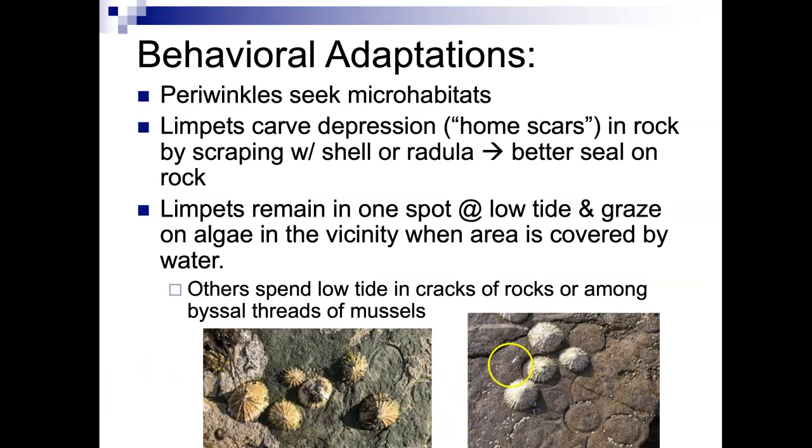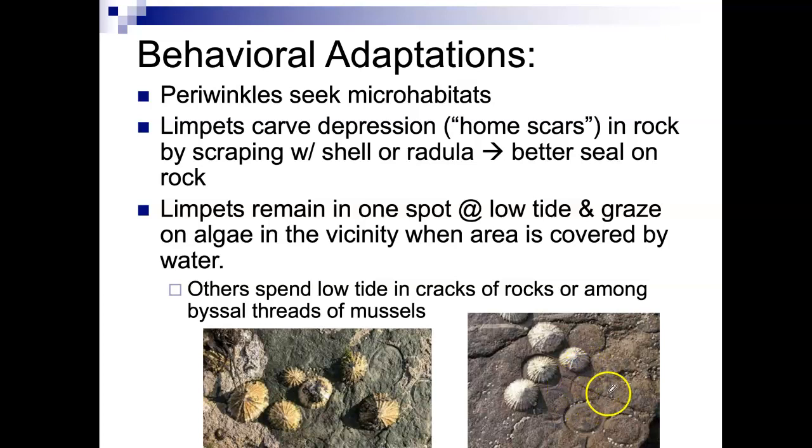Limpets actually do this interesting behavior where they make these home scars. What they do is they take their shell and they twist it. They use their big muscular foot and they twist back and forth against the rock until they scrape it with their shell. Sometimes they'll use their radula, but as you can see, most of them will use their shell.